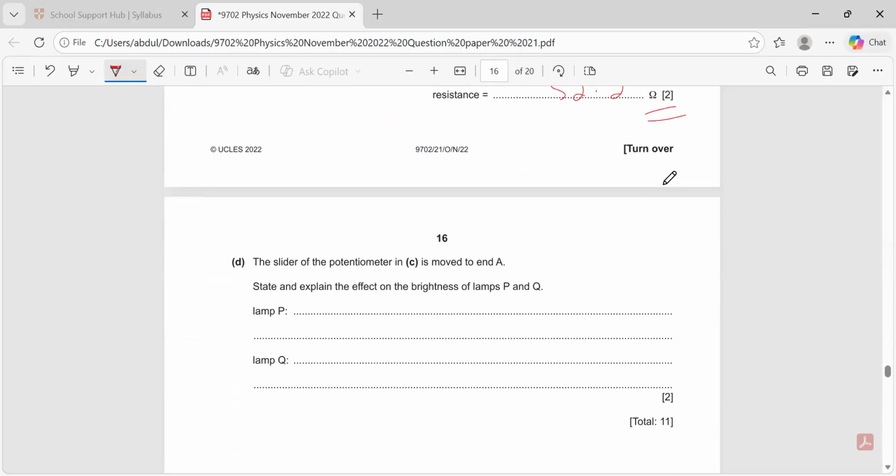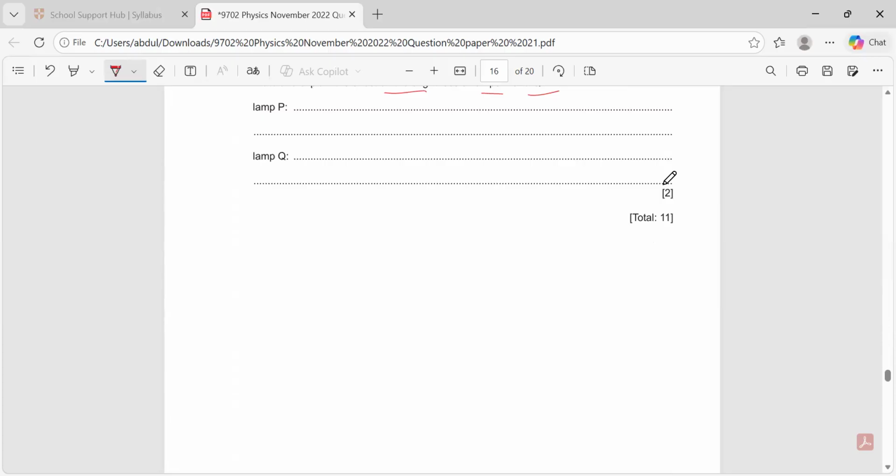Now, the slider of the potentiometer at C is moved to end A. State and explain the effect on the brightness of the lamps P and Q. Again, let's draw the diagram. So battery positive, negative.